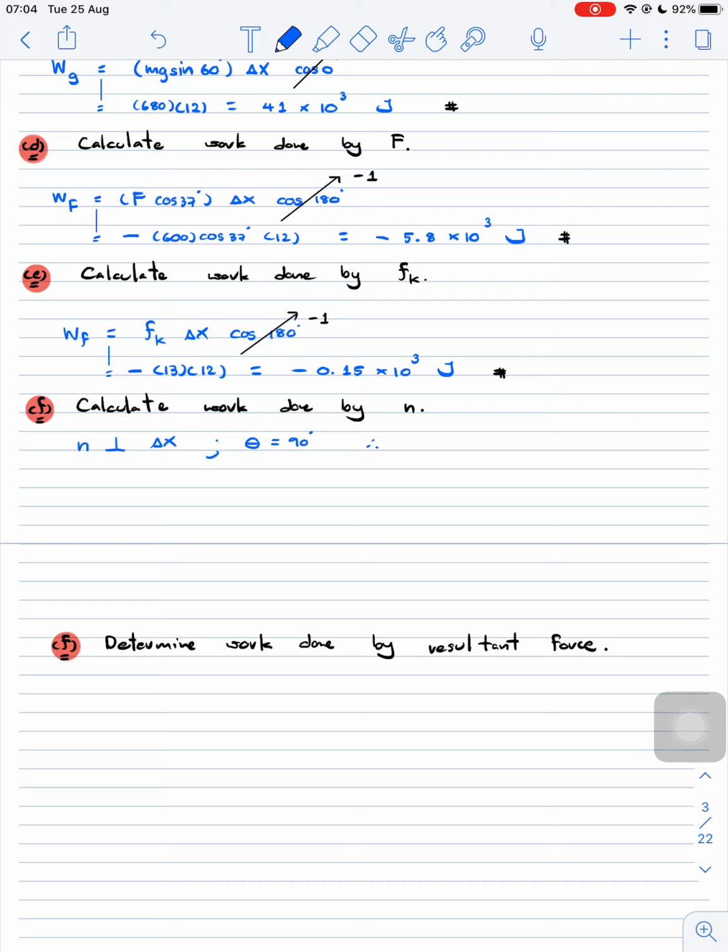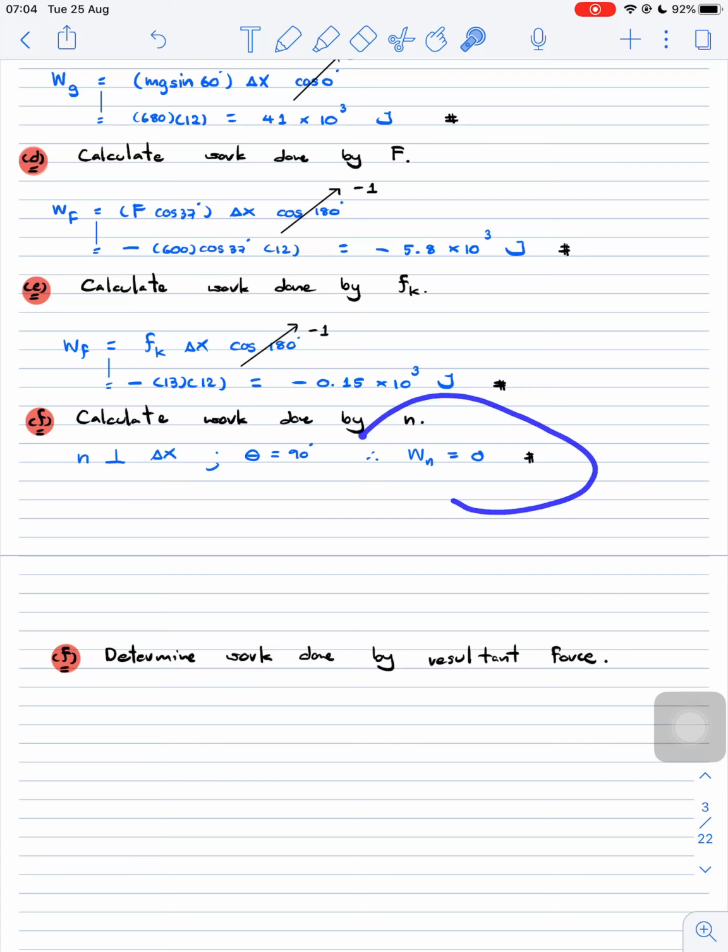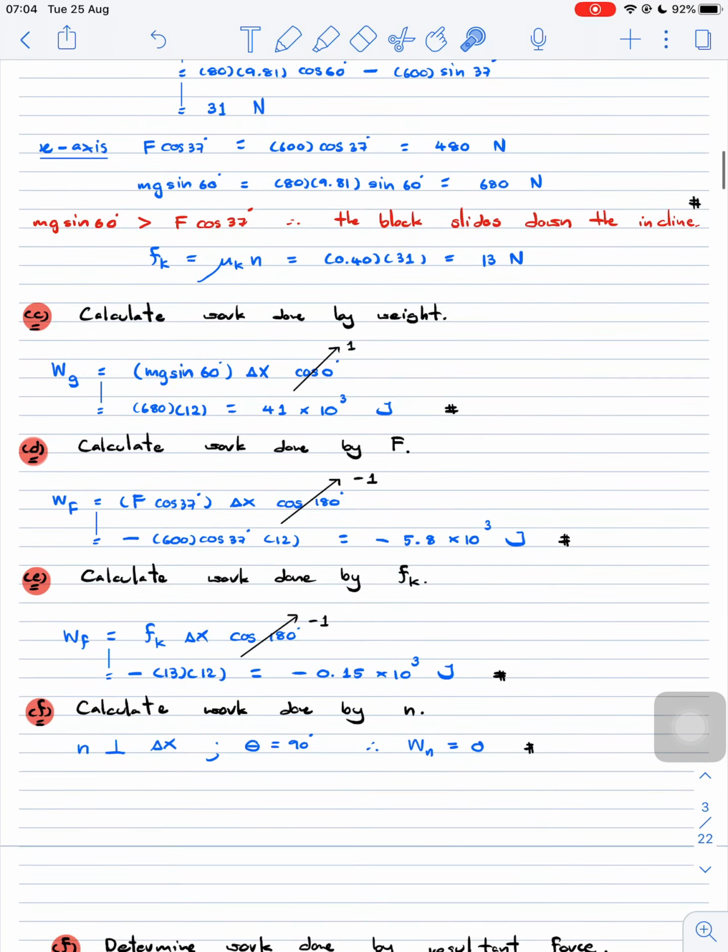Then you can see that the work done by the normal force must be equal to 0. Okay, and that's it, because the normal force will not contribute any energy to the motion of the object, right? The object will not gain or lose energy by the normal force here. So the work done by normal force must be equal to 0 in this case.